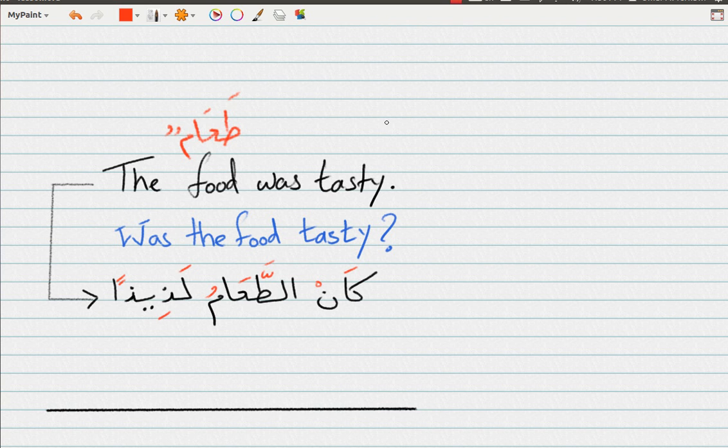And tasty in Arabic, one of the translations would be لذيذ. Now, the food was tasty would translate into كان الطعام لذيذا. Okay?